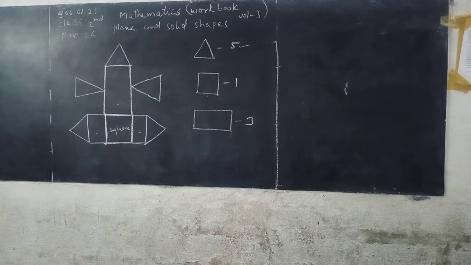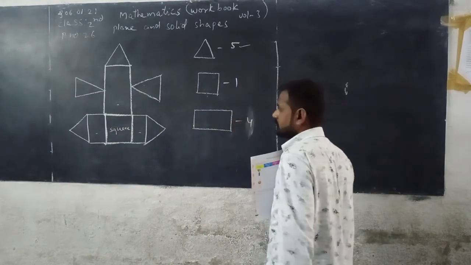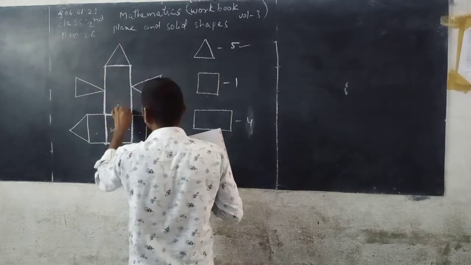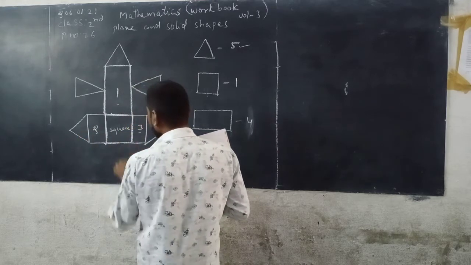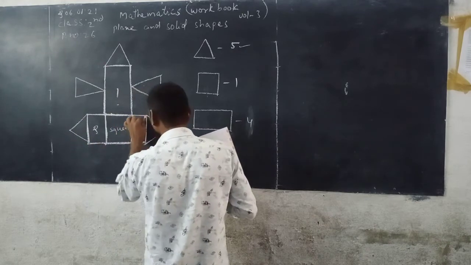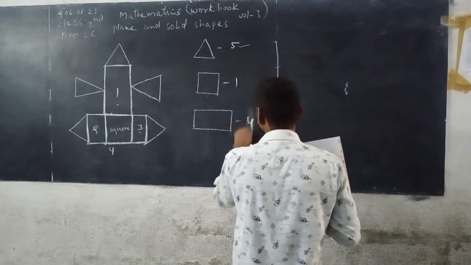See here, 4 rectangles, not 3. Rectangle 1, rectangle 2, rectangle 3, and also rectangle 4. This is the 4th rectangle. Then we can write here 4.